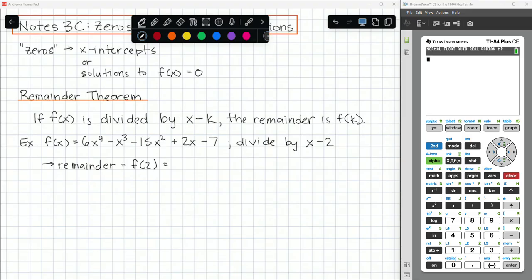So f of 2 would be 6 times 2 to the 4th, minus 2 cubed, minus 15 times 2 squared, plus 2 times 2 minus 7. And I'm going to go ahead and plug that in our calculator.